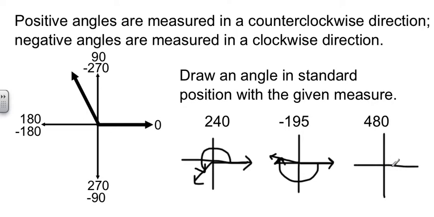I'm going to draw my initial side, 360, and another part of the way around. That's how I would show on my homework here coming up. That's how I would draw an angle that's supposed to be 480. I would show going all the way around the lap, around the circle, and then some more.